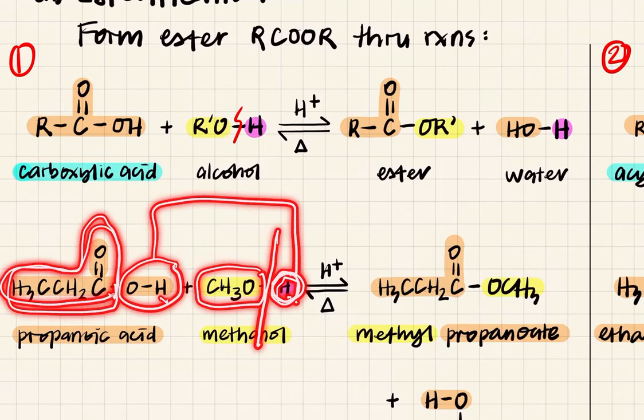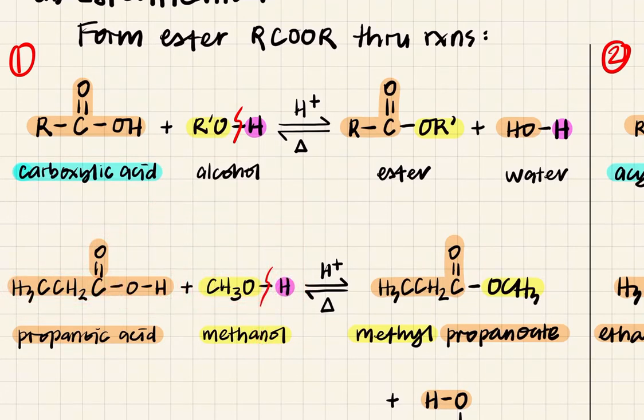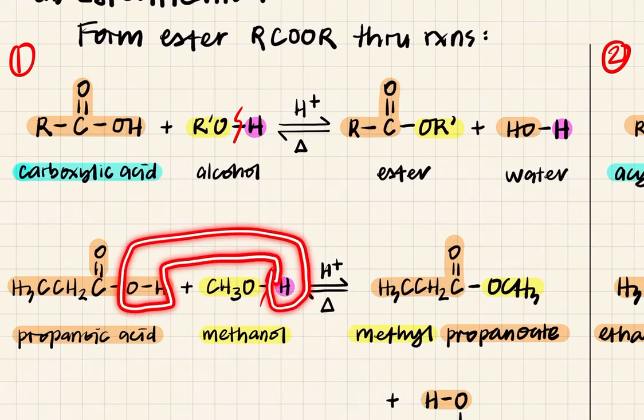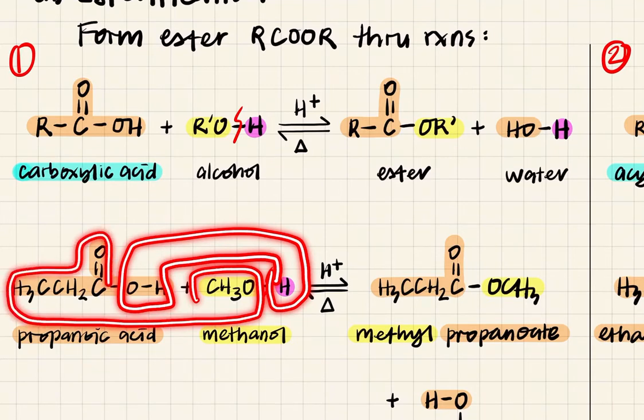Another way for you to remember this is that this is delta plus, this is delta negative, and this one is your minus, and this one is your positive. The opposites will attract, so that's why H will go with OH to form water, and this part of the alcohol will join with this part of the propanoic acid.